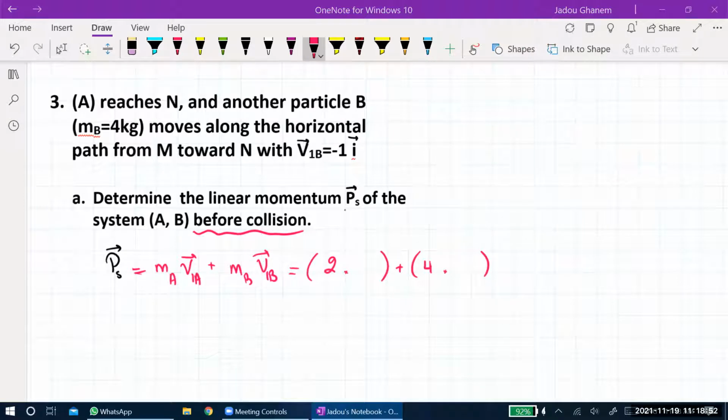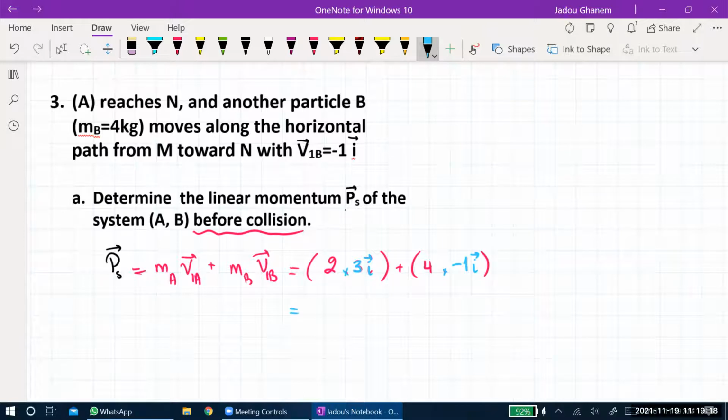V1A is moving to the right side in the i direction, so it's 3i, and B is moving in the backward direction with a velocity of -1i. So this one is 3i positive, and the other one is negative. Okay, this is not plus, it's times.